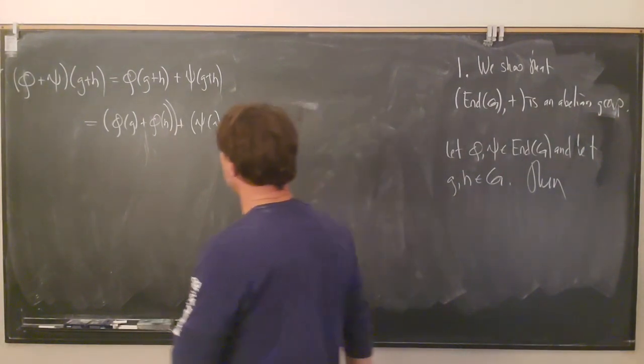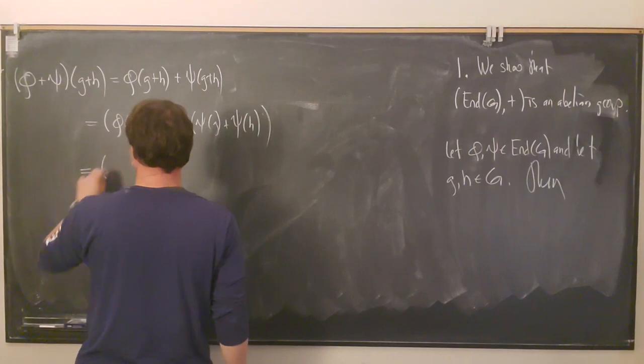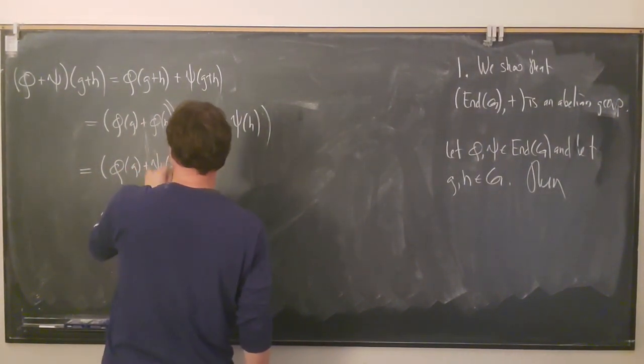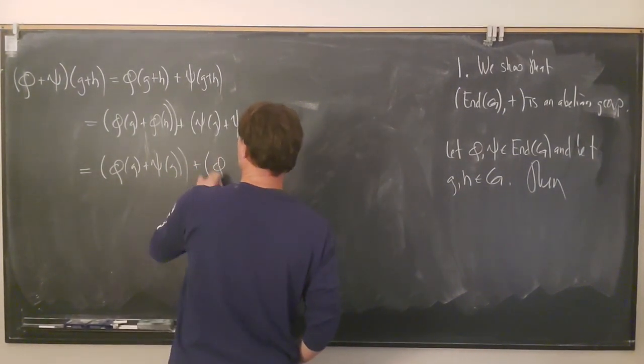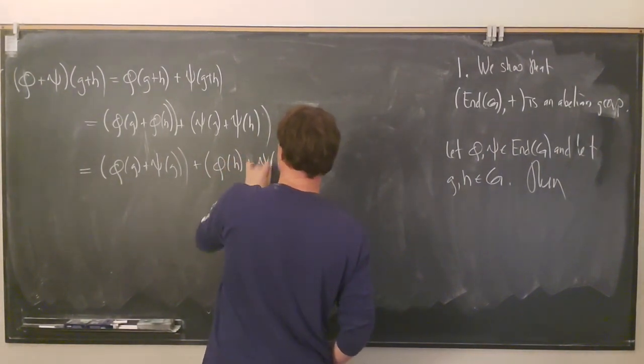And so let's see, what is this? Now I'm going to move things around a little bit. So this is phi of g plus psi of g plus phi of h plus psi of h.